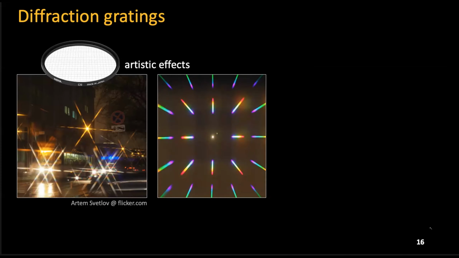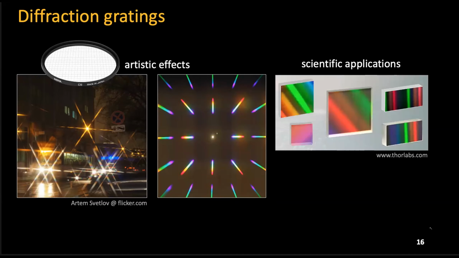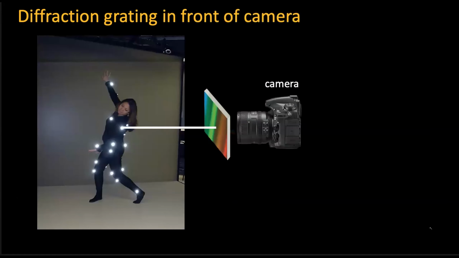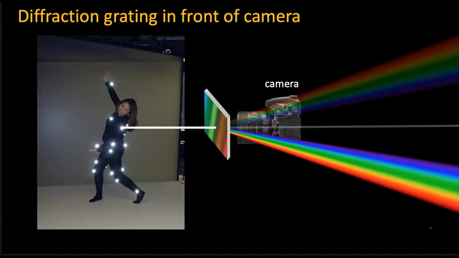Imagine putting your 1D sensor somewhere in this 2D area. As long as you capture some light from every light source, you are capturing all the light sources, right? These diffraction gratings are not just for fun, but they're used for a lot of scientific applications as well. Just like a prism, these diffraction gratings spread the light, the spectra, in different directions.